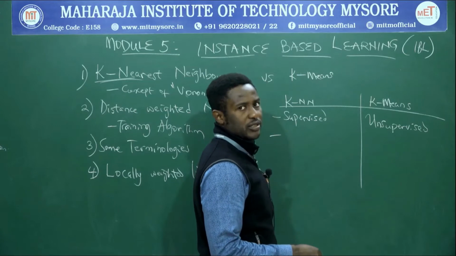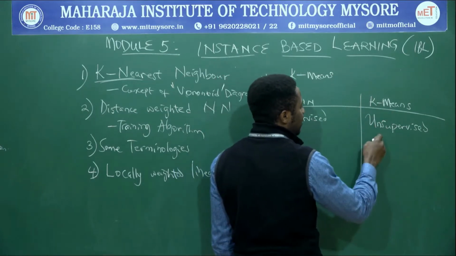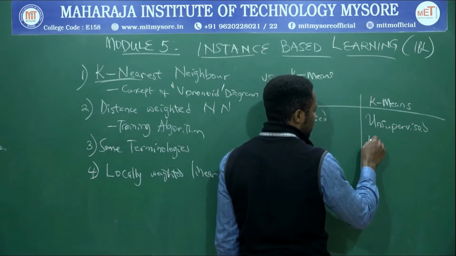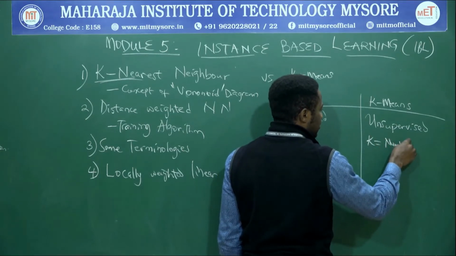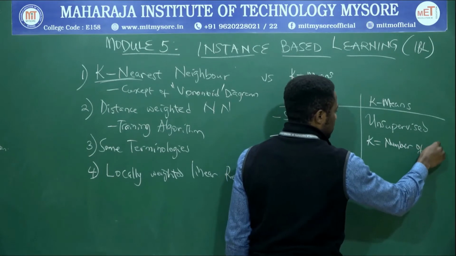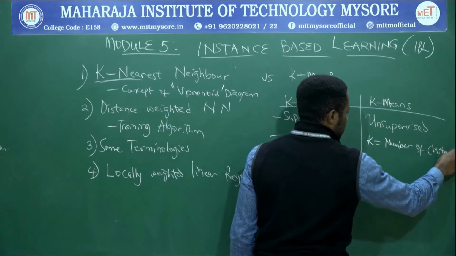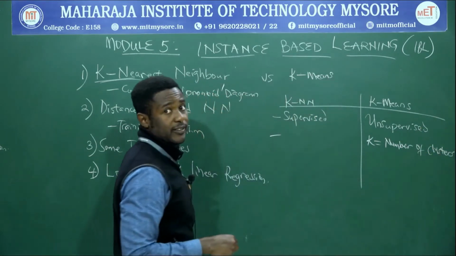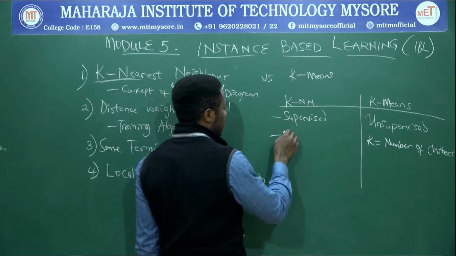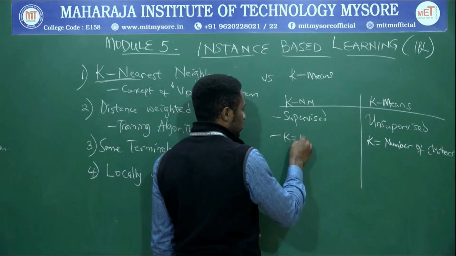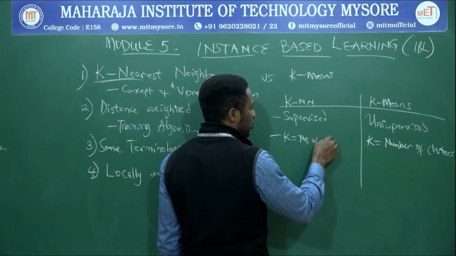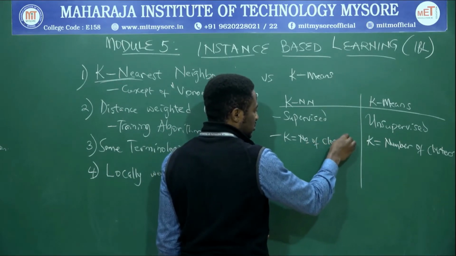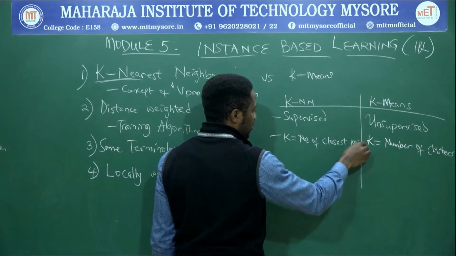K in K-means stands for the number of clusters. And K in KNN stands for the number of nearest neighbors, the closest neighbors.